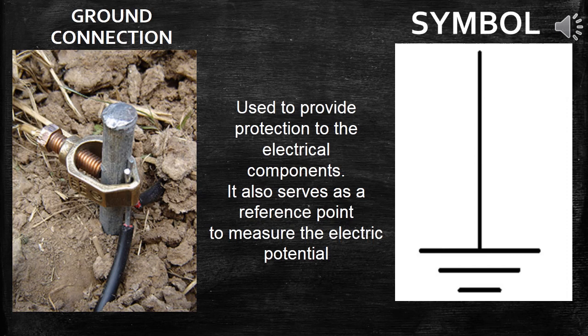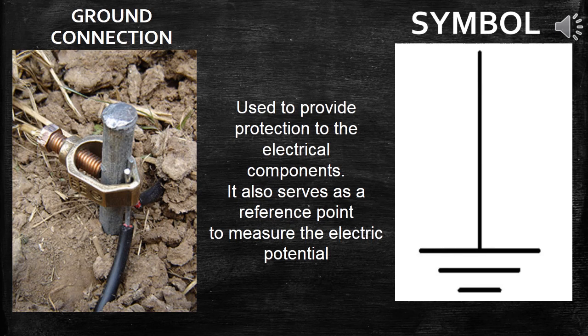These kinds of connections are given even in the electronic and electrical circuits. Ground connection is very important in household electricity. This kind of precaution must be taken. Without ground connection, no household electricity connection should be given.